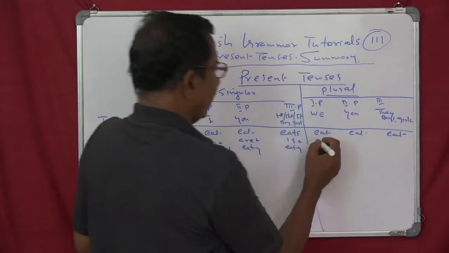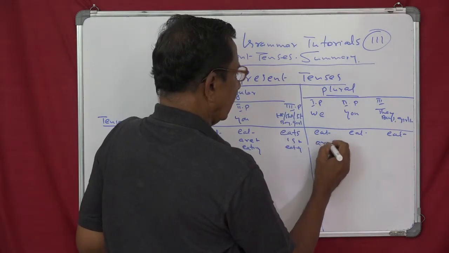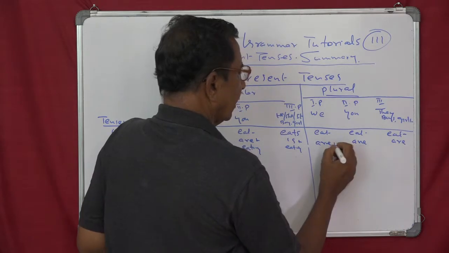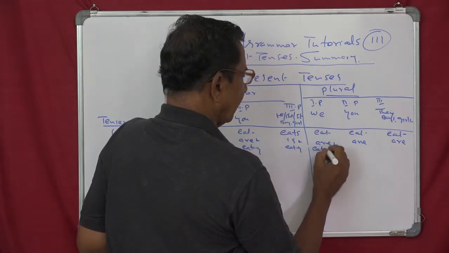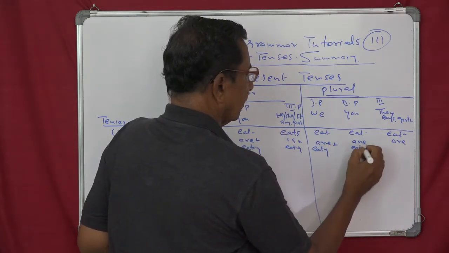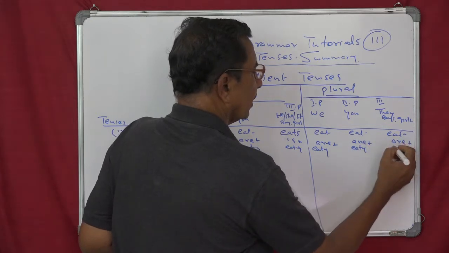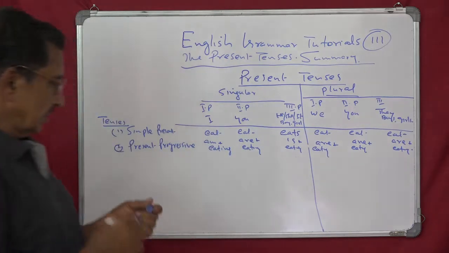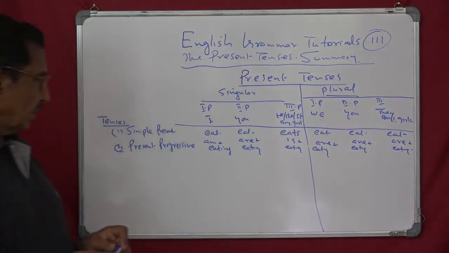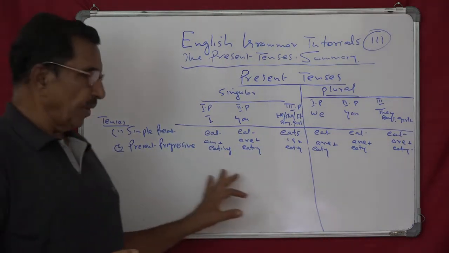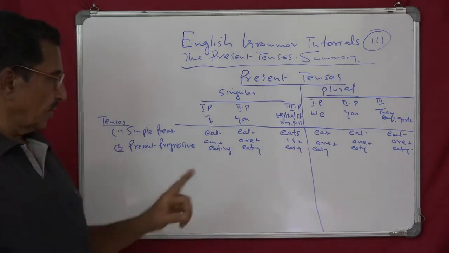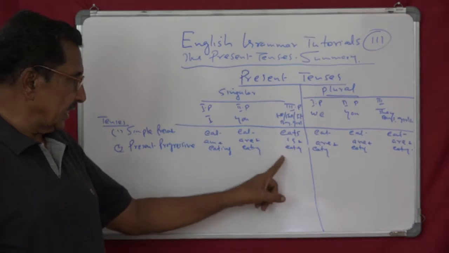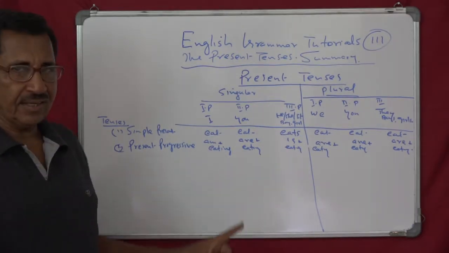In all the other places you have are plus eating. So in present continuous you find differences only in 2 places: first person singular and third person singular. Here it is is eating, here it is am eating.